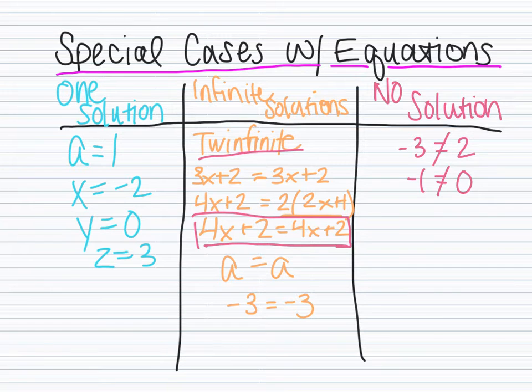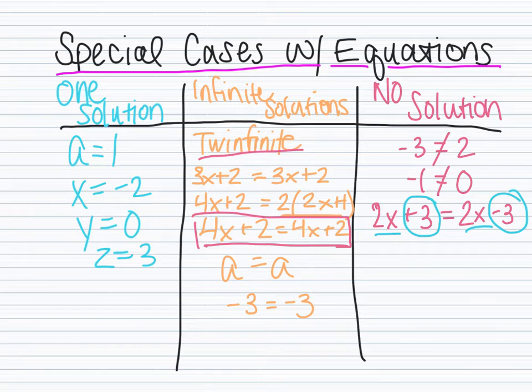When you are looking at an equation to start with, it may look like 2x plus 3 equals 2x minus 3. Well, if you look at your variables for this one, 2x is the same, but your plus 3 and minus 3 are different.